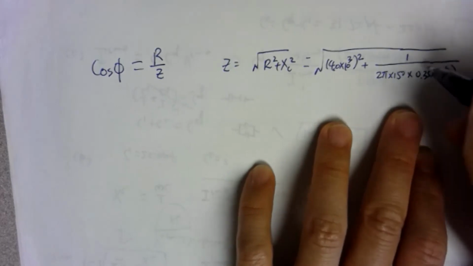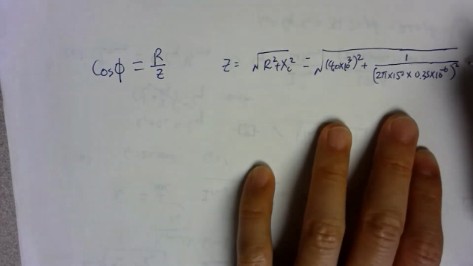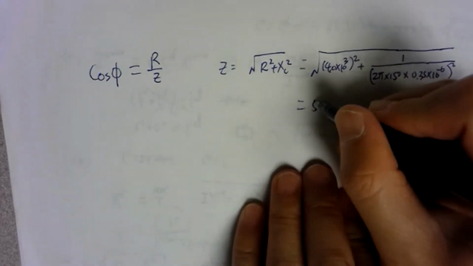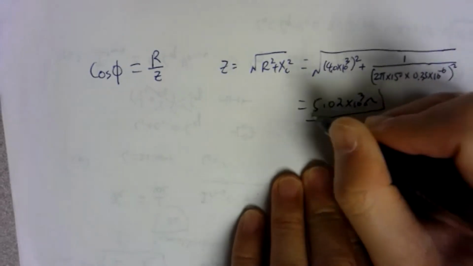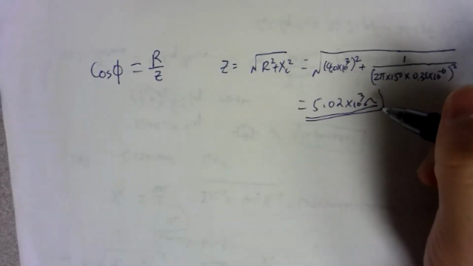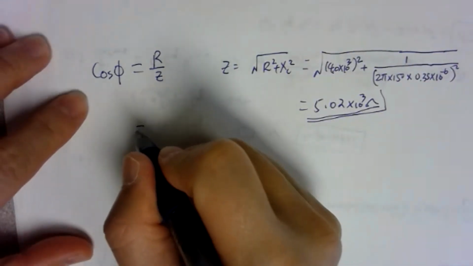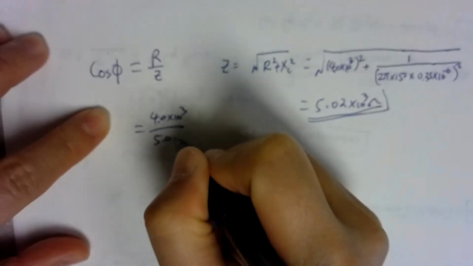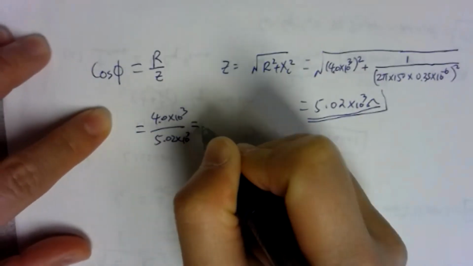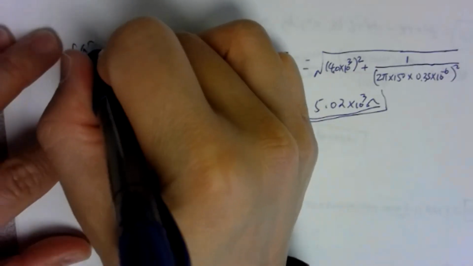Everything to be squared. So this gives you 5.02 times 10 to the third ohms. So then we can calculate cosine phi is equal to 4.0 times 10 to the third divided by 5.0 times 10 to the third. So that gives you 0.8 as the power factor.